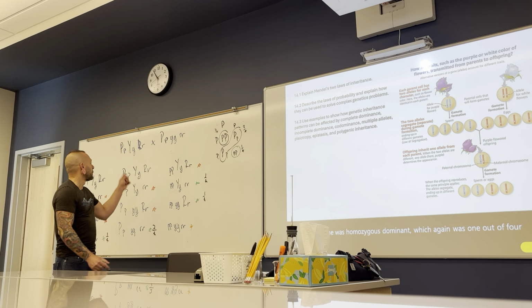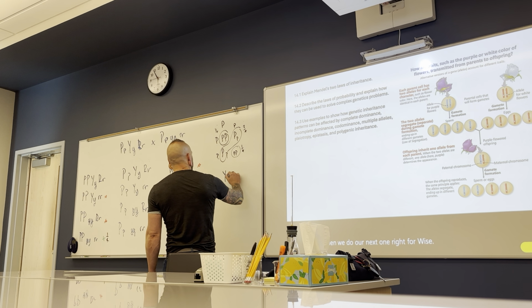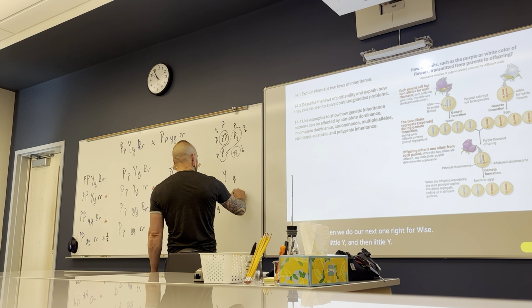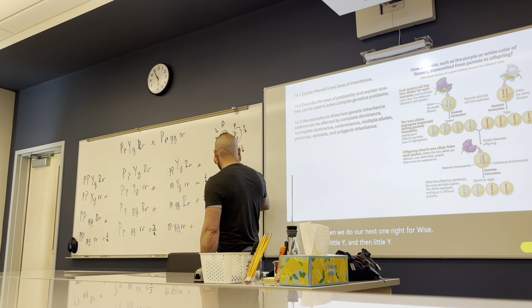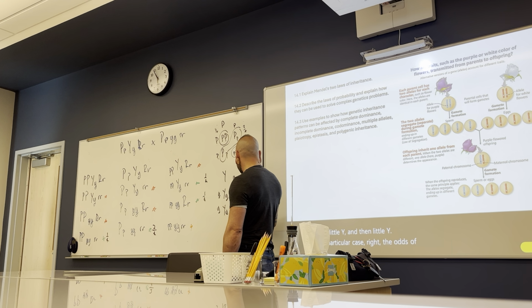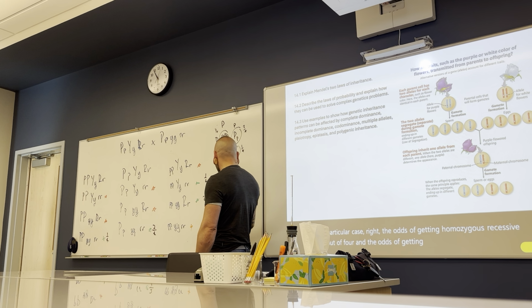And then we do our next one, for the Y's. That's big Y, little y, and then little y, little y. So in this particular case, the odds of getting homozygous recessive were 2/4, and the odds of getting heterozygous also 2/4.